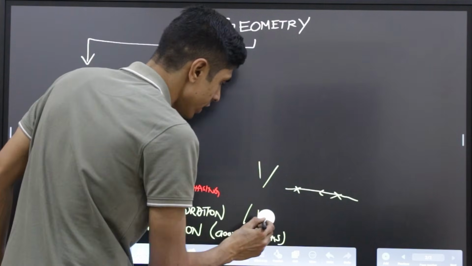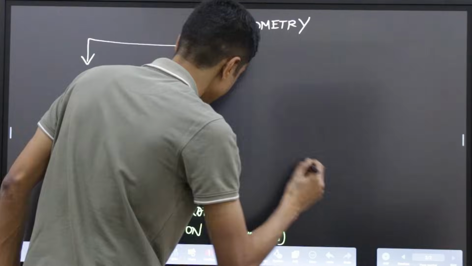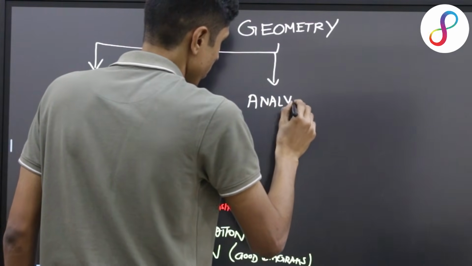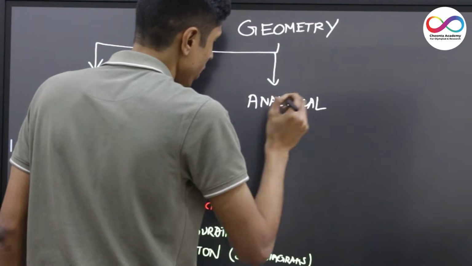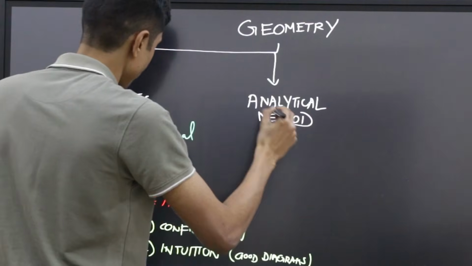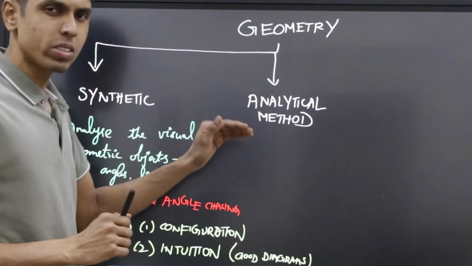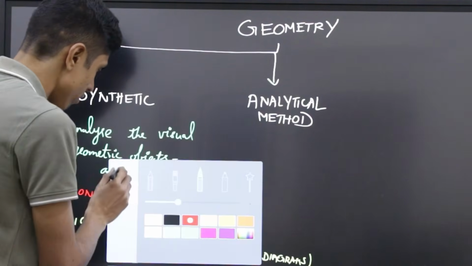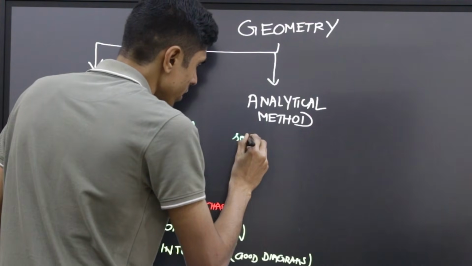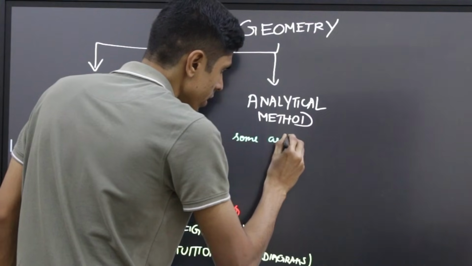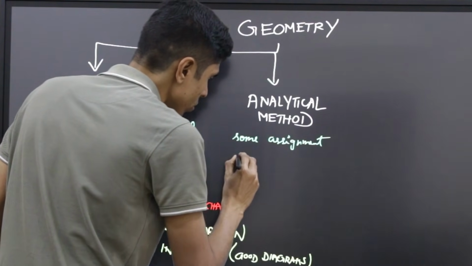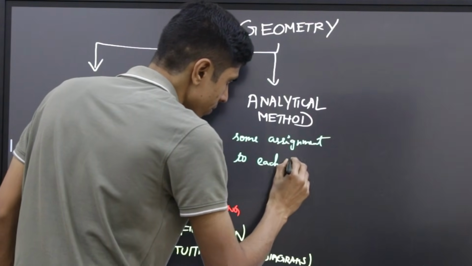Alright, let's get into the second method. It is the analytical method. So what is the meaning of analytical method? Well, in some sense, it is some assignment to each point of the space.